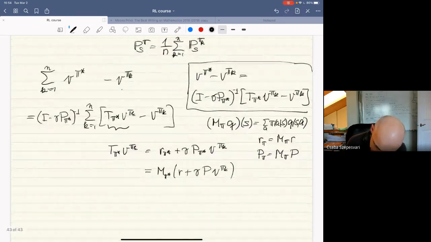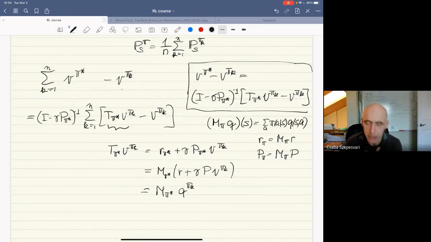All right, so what's that? That's our friend, q of pi k. So that's the action value function of this policy pi k, right? And also it's true that v of pi k is equal to this operator applied to q of pi k.